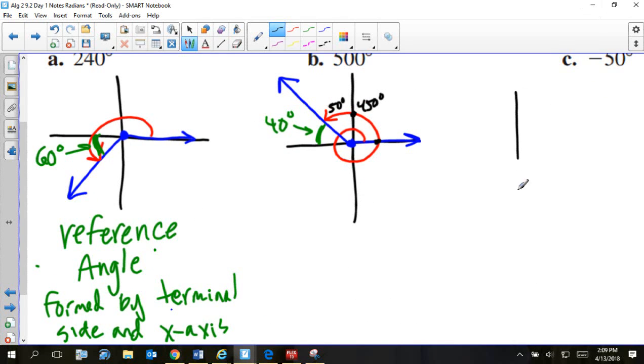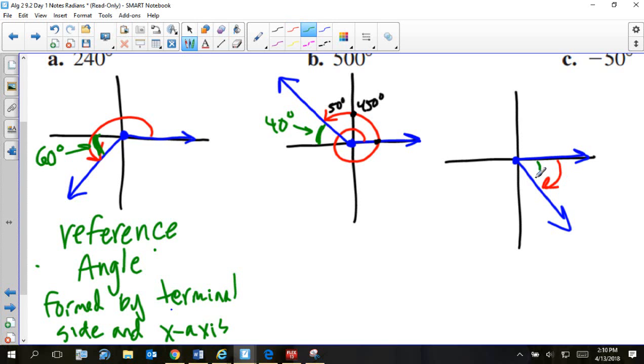Okay, and then the next one is negative 50 degrees. So we start with our initial side. And then what does a negative angle mean? We go clockwise. We're still going to go 50 degrees, we're just going clockwise. So it ends up down in the fourth quadrant.